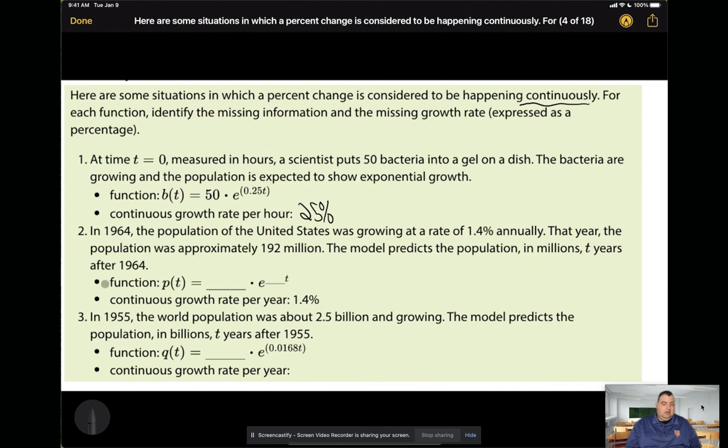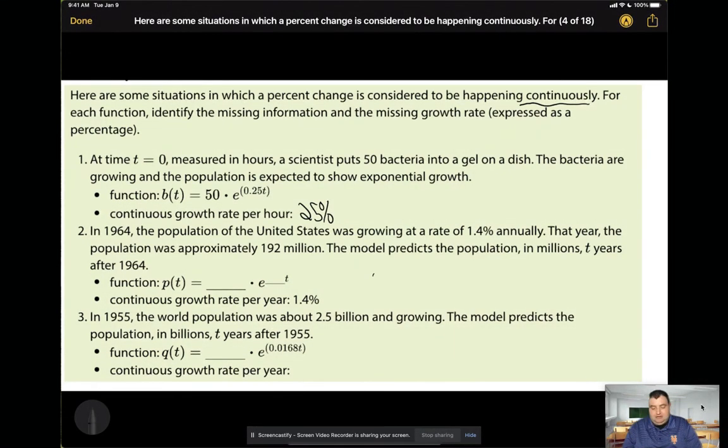Okay. Number two, in 1964, the population of the United States was growing at a rate of 1.4% annually. Notice that's my continuous growth rate per year, 1.4%. That year, the population was approximately 192 million. The model predicts the population in millions T years after 1964.